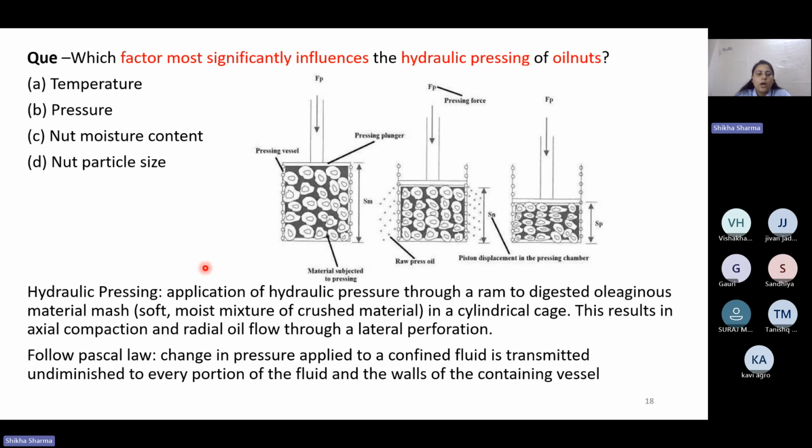This is the hydraulic pressing system. In this system, which factor do you think most significantly influences: temperature, pressure, nut moisture content, or nut particle size?